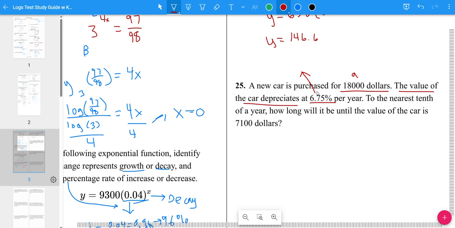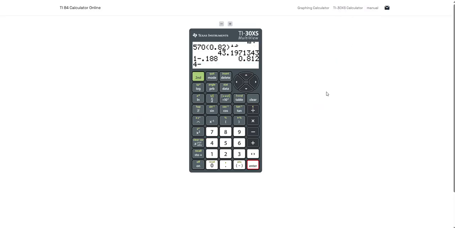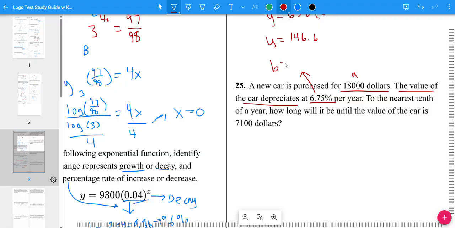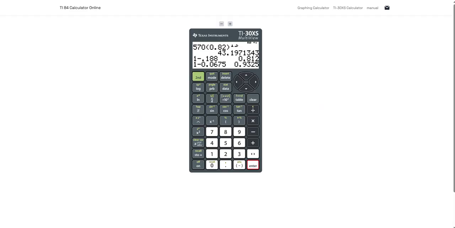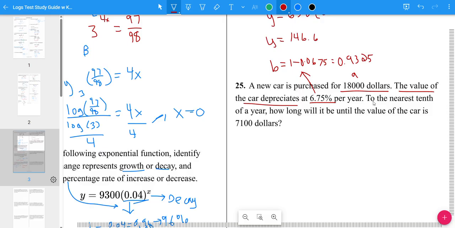So as a decimal that would be 0.0675. So B equals 1 minus 0.0675, so 0.9325.